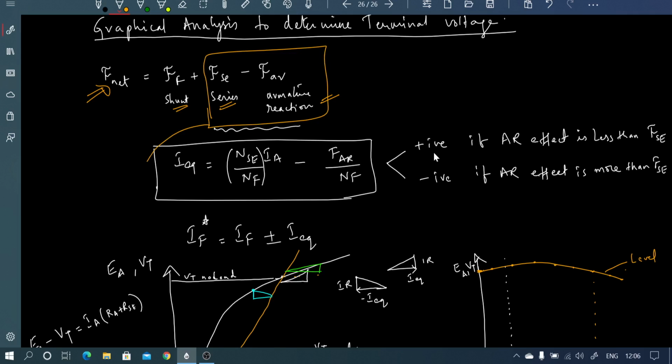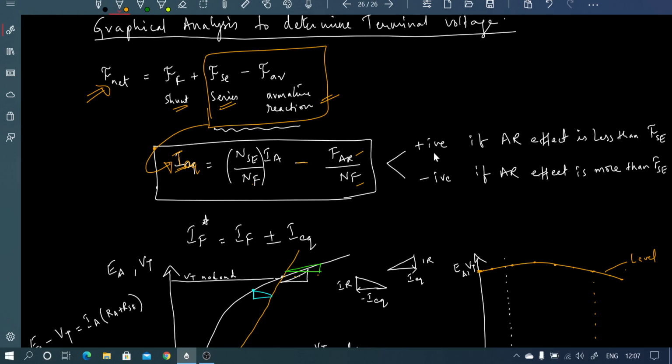I say the equivalent effect on the overall shunt MMF is given by I_EQ, which is equal to the series field MMF, that is N_SE into I_A divided by N_F, minus the armature MMF divided by N_F. N_F is the shunt field winding number of turns. Okay, so this is I_EQ.